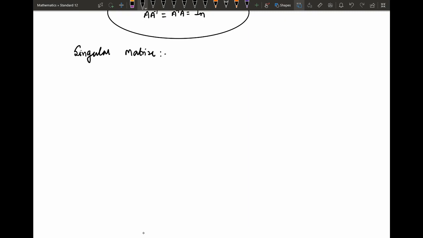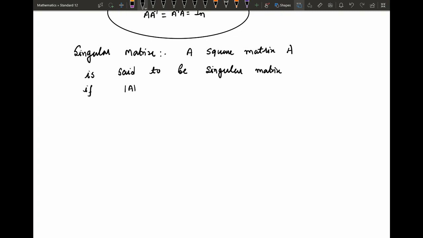A square matrix is said to be a singular matrix if determinant A equal to 0.